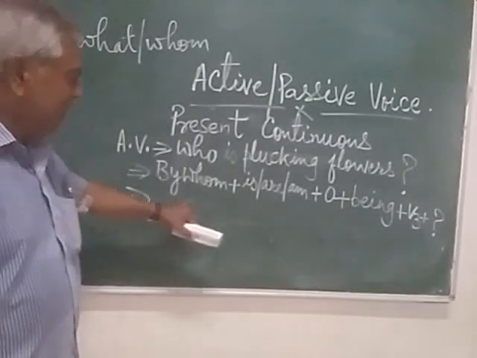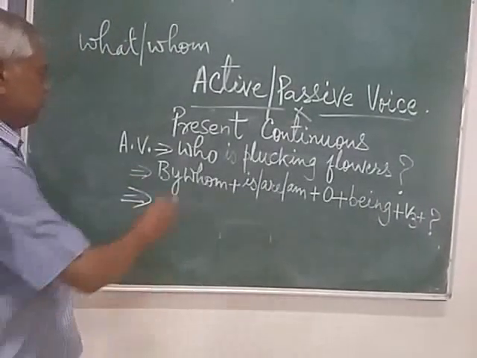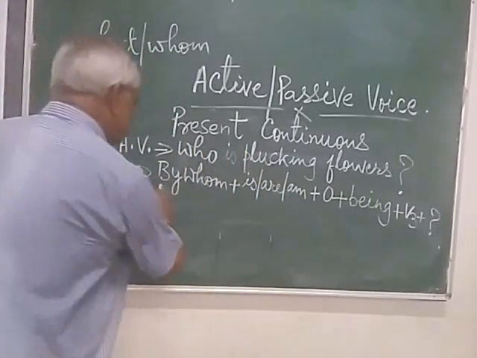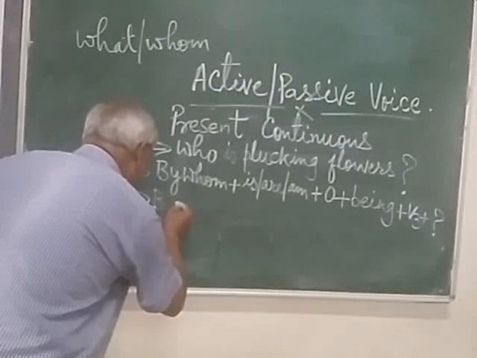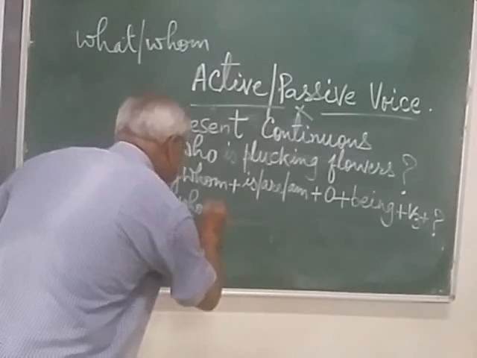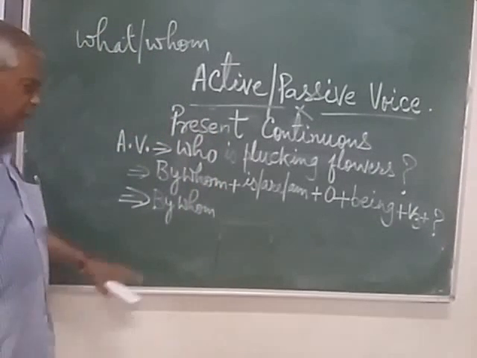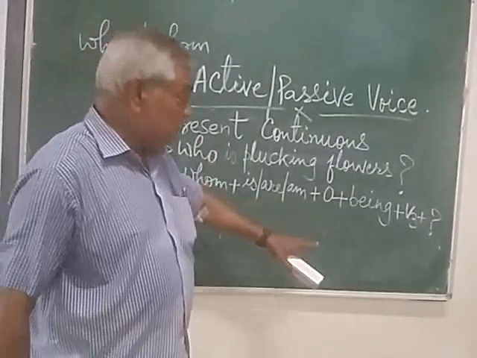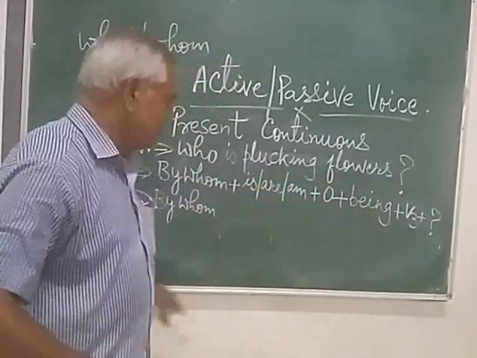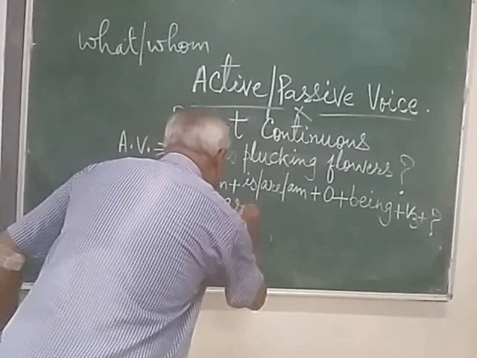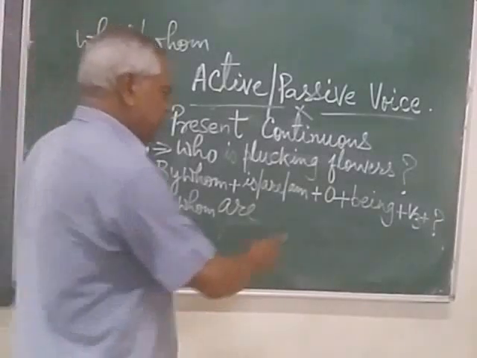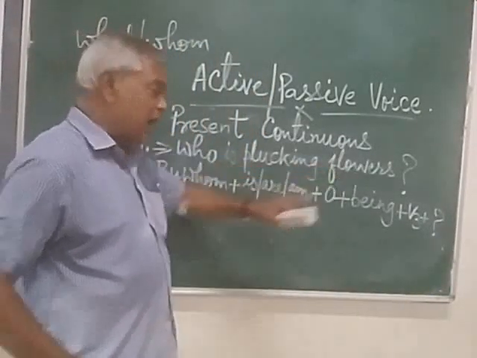So with respect to the same structure, we can change this sentence into the passive voice. First, write down by whom. Then after is, are, so find out which word is the object. The object here is flowers, plural, so it should be are. By whom are. Then after object, the object is flowers.